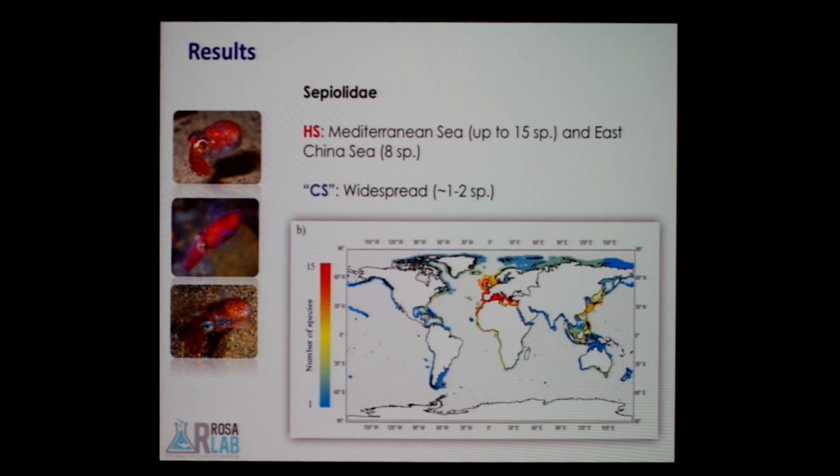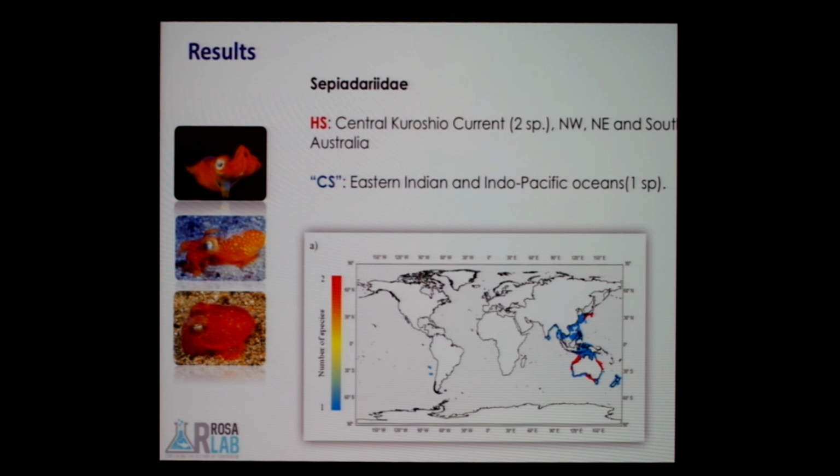So yes, the hotspot is in the Mediterranean, and they are very widespread, but in most of the other parts of the world, just 1 or 2 species. This is very interesting to understand historically, because the Mediterranean was closed and this originated radiation. So there is a historical explanation for these endemics in the Mediterranean.